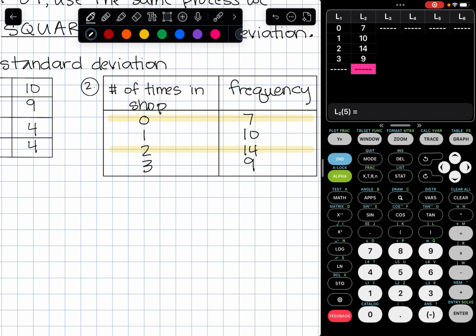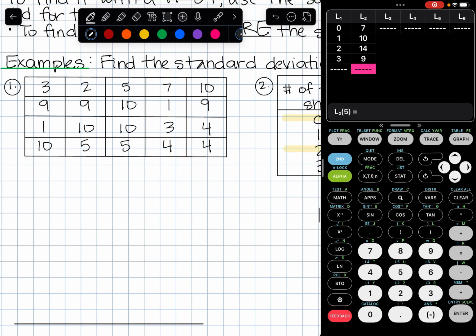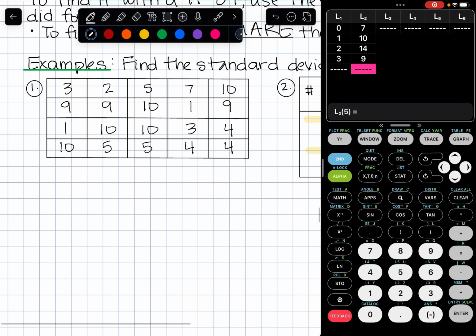I don't want to clear that out only to retype it. So I'm going to put this list for problem 1 in list 3. That way I have all of my data for both problems in the calculator at the same time. I don't have to delete or remove when I know I'm going to need it again in a little bit.